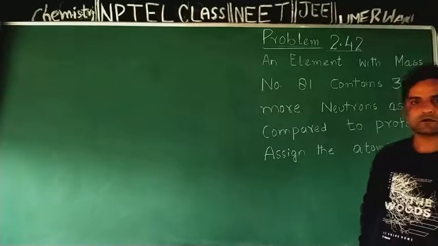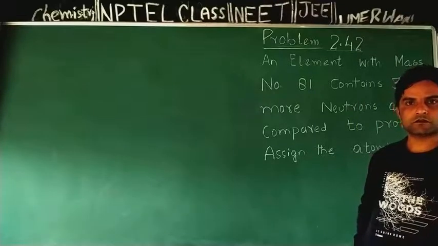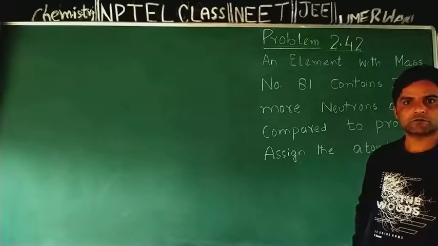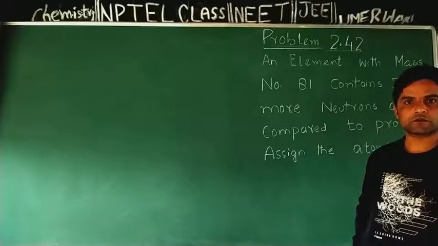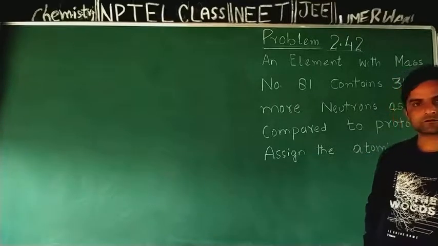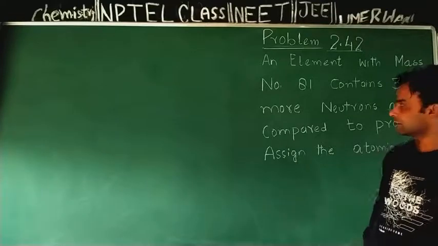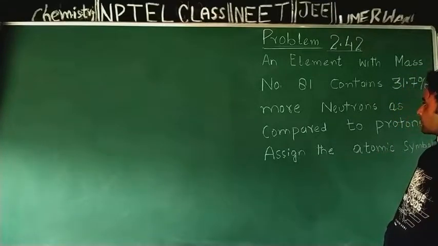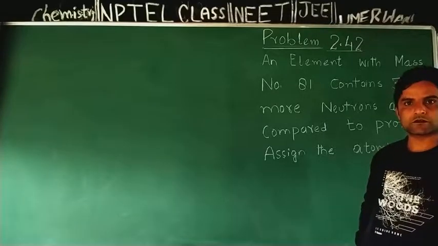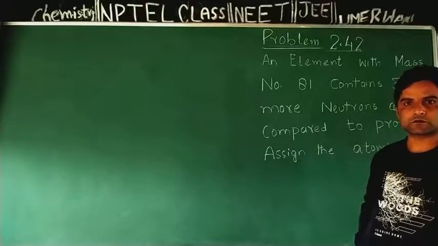In Rutherford's model, which is also named as nuclear model because it led to the discovery of nucleus, it is believed that protons and neutrons together reside in nucleus and are named as nucleons.